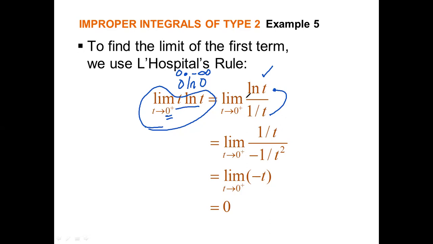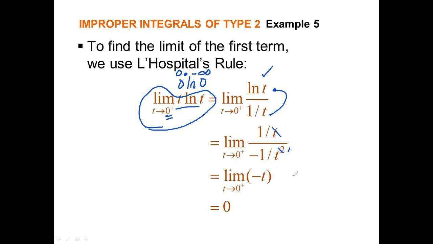If you differentiate 1 over t, that would be negative 1 over t squared. I will not explain that because you are already in integral calculus. You know how to differentiate already. If you cancel this, there's still 1 t left here. That t will go up and that would be negative t.